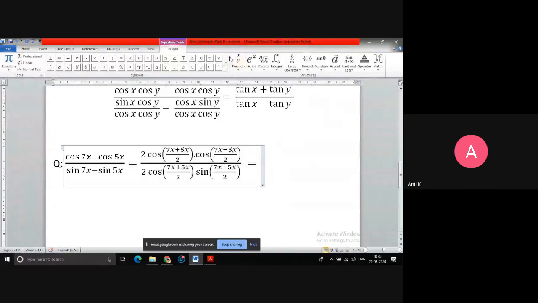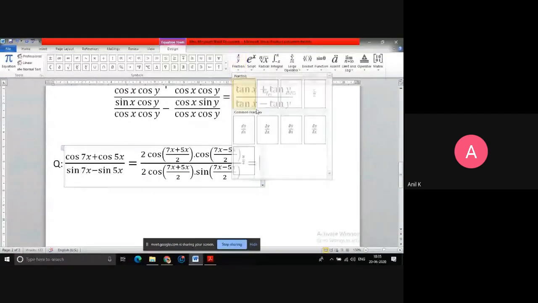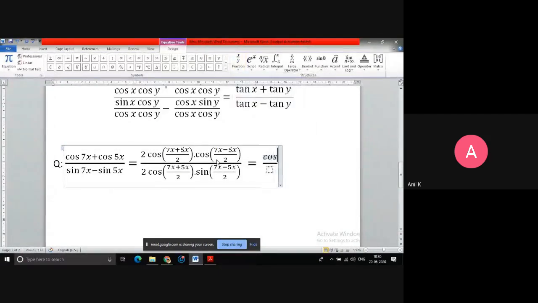Now what you are left with is cos of, in the bracket, 7x minus 5x upon 2. 7x minus 5x is 2x, 2x upon 2 is just x. And here sin, 7x minus 5x is 2x, 2x upon 2 is x.